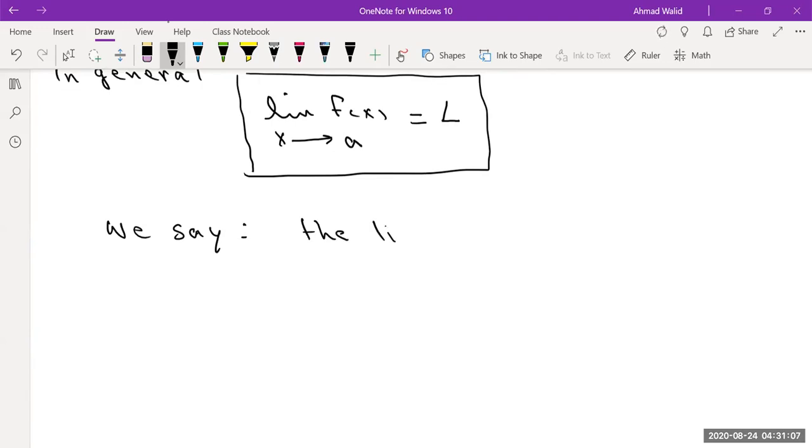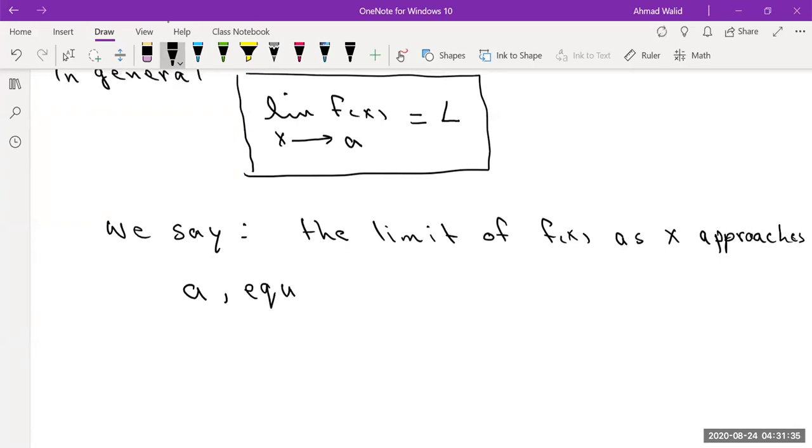The limit of f of x as x approaches a equals L. This is how you read this.